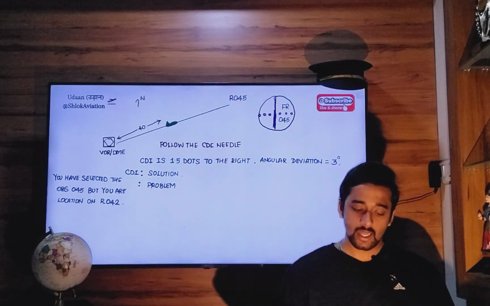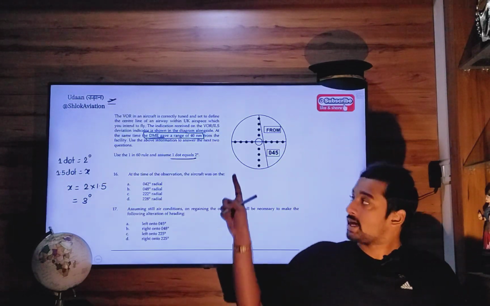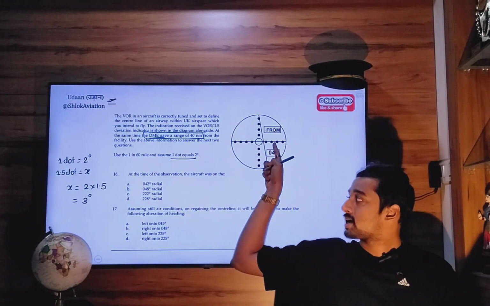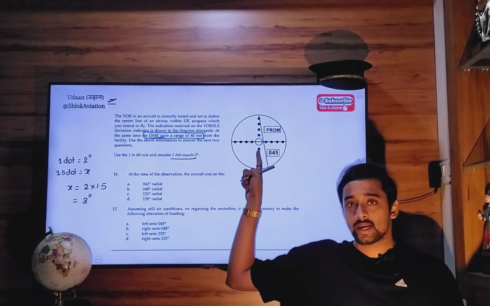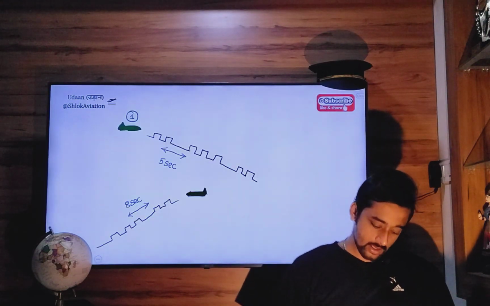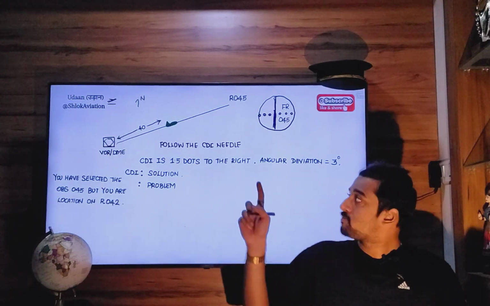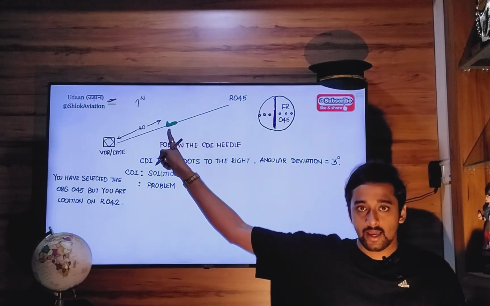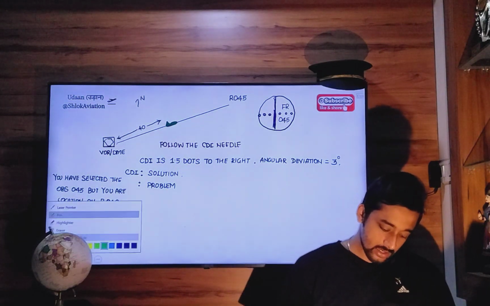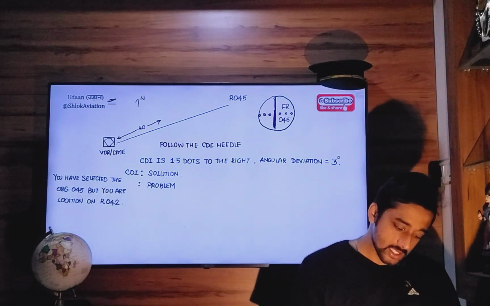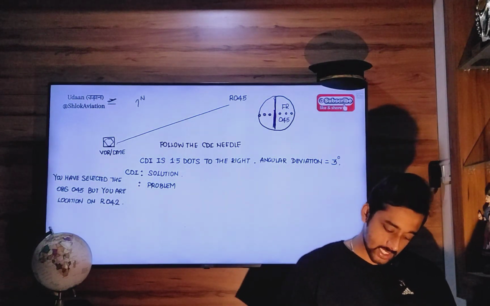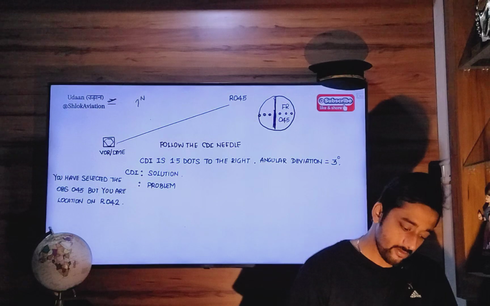The CDI needle is telling you to go right hand side. It will tell you to go right only when your aircraft, instead of being correctly established on this radial, is deviated somewhere to the left hand side, somewhere here.